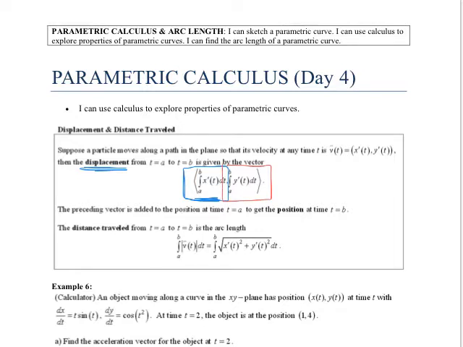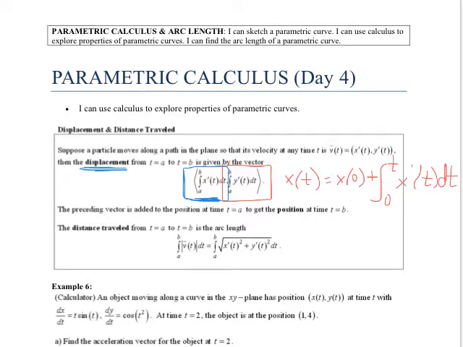And very similarly, we can find that the position at time t is equal to the position at time 0 plus the integral from 0 to t of x prime of t. So this is the integral as net change formula that we should be familiar with.